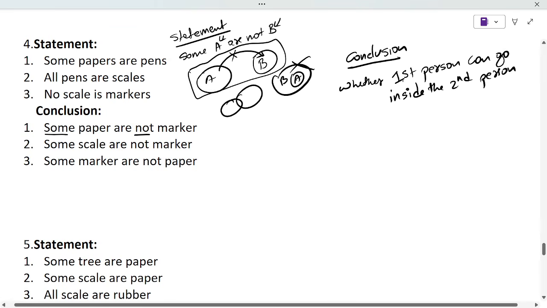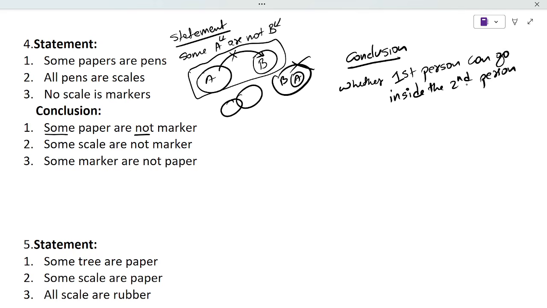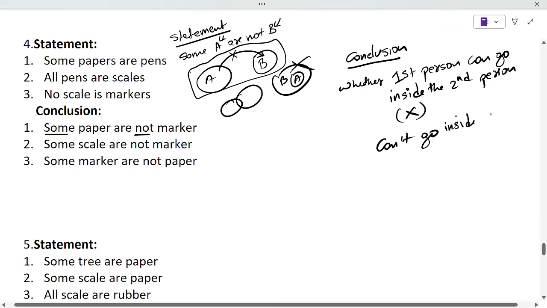That means the first person is A, the second person is B. Can A go completely inside B? If it can go inside completely, the answer is false. If it can't go inside the second person, the answer will be true.